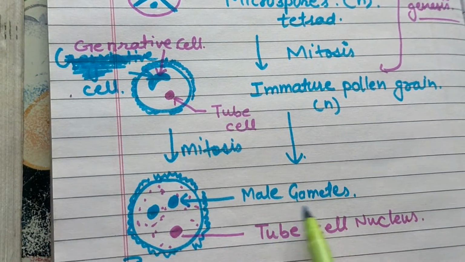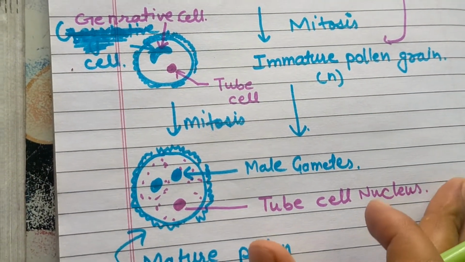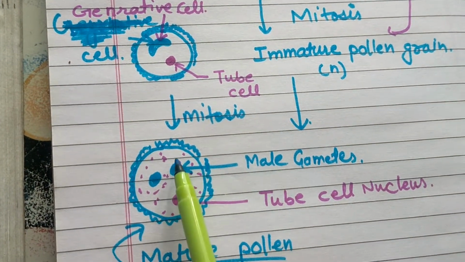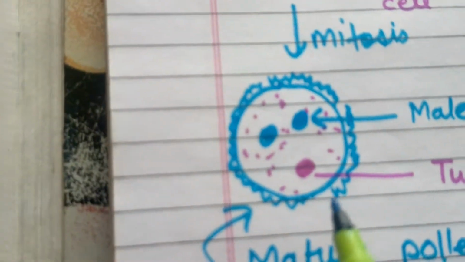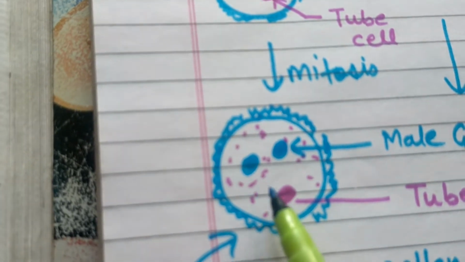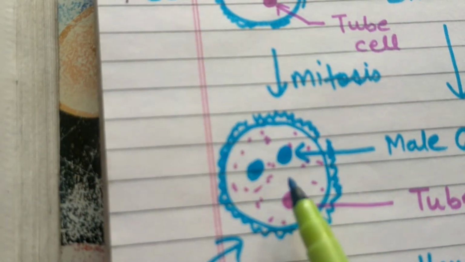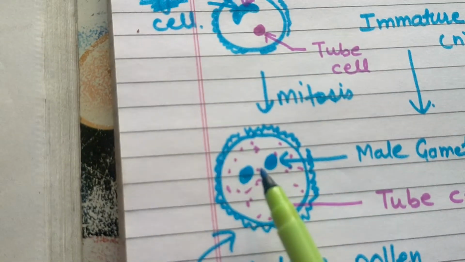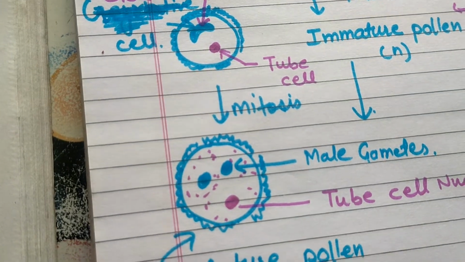So two male gametes are formed and the tube cell nucleus remains as it is, and you can see that the male gametes are floating in the cytoplasm of the tube cell. That you have to remember. That is why I made this cytoplasm the same color as the tube cell. So this is the cytoplasm of the tube cell, and the nucleus and male gametes are floating inside it.